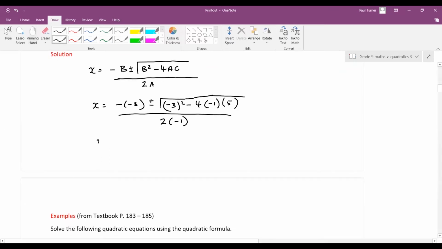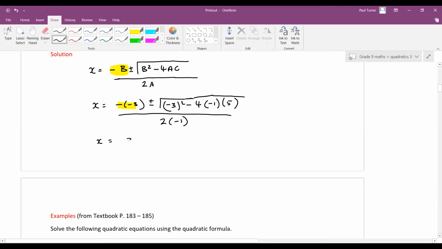So x equals, now minus negative 3 is plus 3. Be careful here. Some students make an error with this part. If b is negative, your value here will become positive. So just be wary about this.